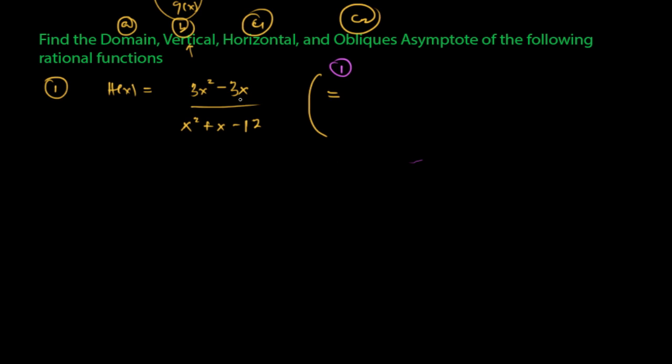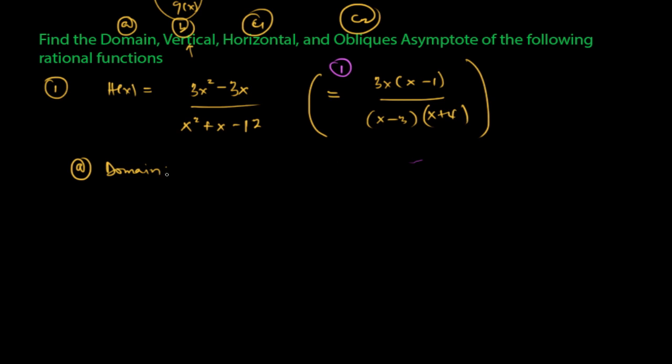When you factorize the numerator, what you obtain is 3x times x minus 1. And when you factorize the denominator, what you obtain is x minus 3 times x plus 4. So that has been done. Let's go ahead and find the domain of the rational function.